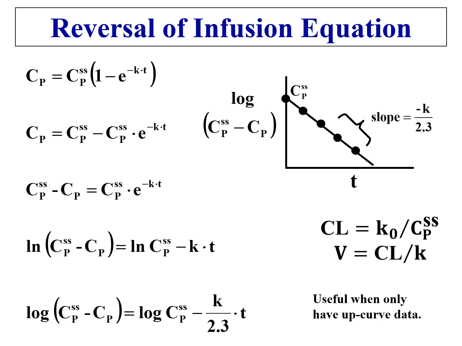If we plot CPSS minus CP on a log scale, we'll see a down curve with the slope being the K value. So if we only have up curve data, this is a useful approach to try to identify the KEL value and the half-life of the drug.